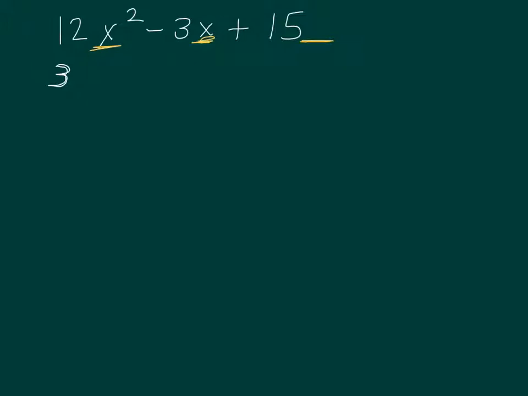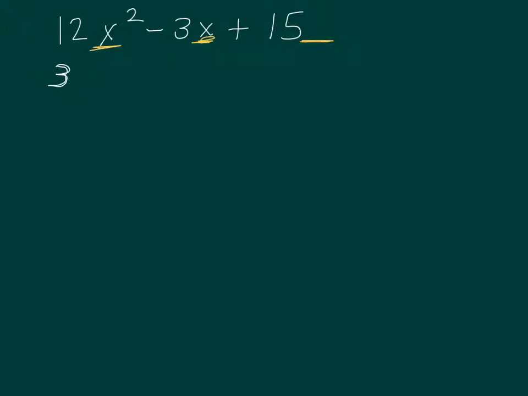So because the x is not in all three of these, I can't actually factor out an x because the x has to be in all three. So if I took an x out, I would have an x left here. Okay, that's good. I'd have nothing here. That's okay. But here, I would not be able to factor an x out of here because there is no x. So in this case, I can only factor out a number.